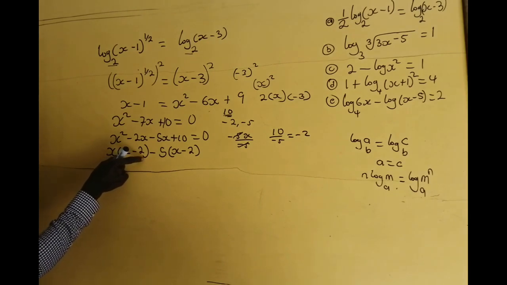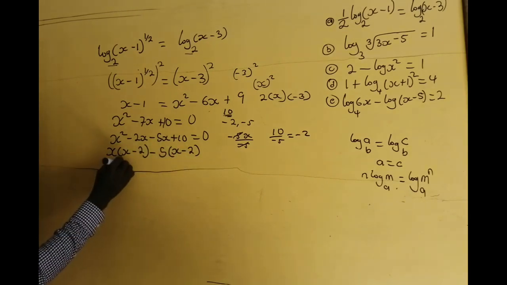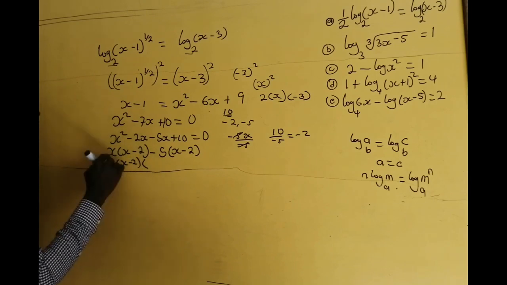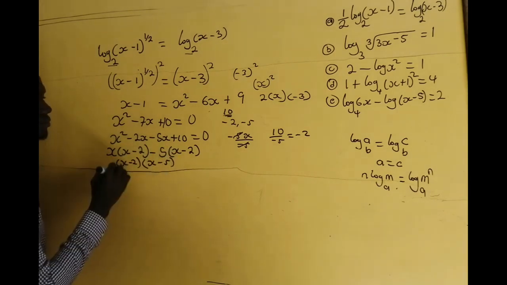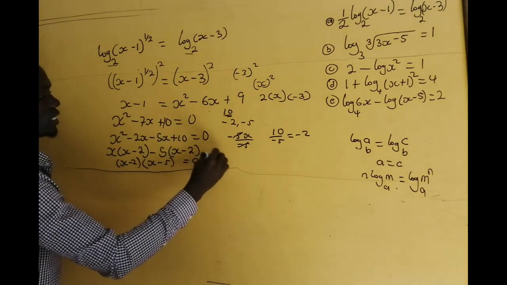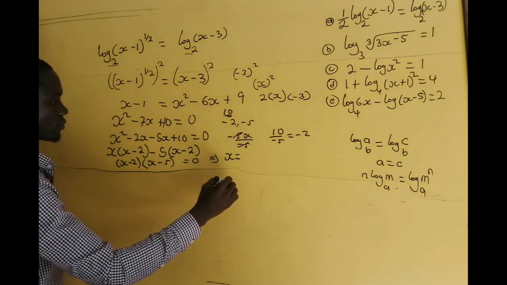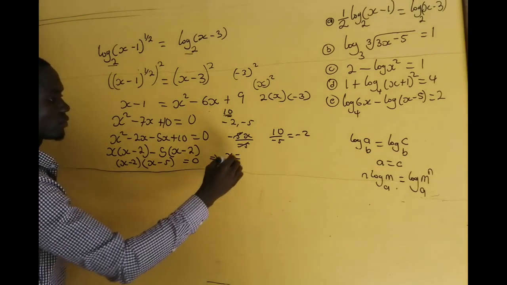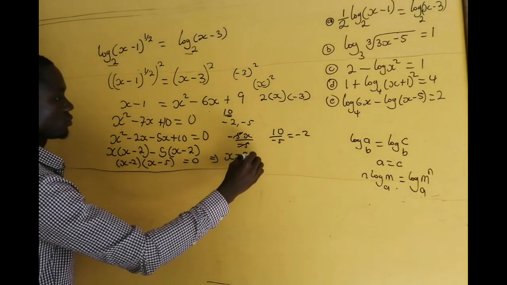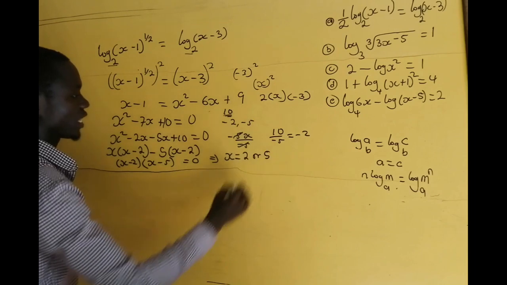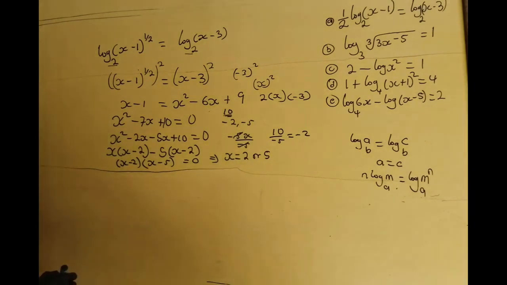So here we have x minus 2, x minus 2. So you can factorize x minus 2 out, and you'll be left with x minus 5 equal to 0. So this implies that we have x equal to 2 or 5. That is very simple.